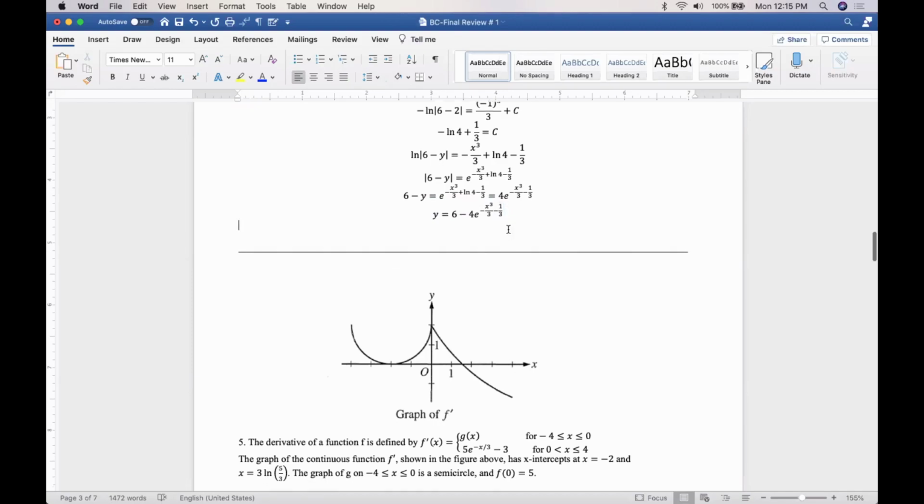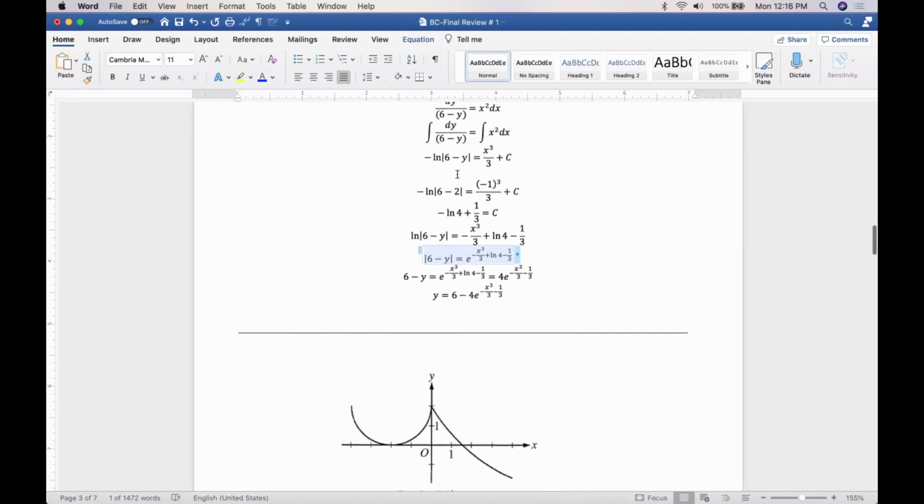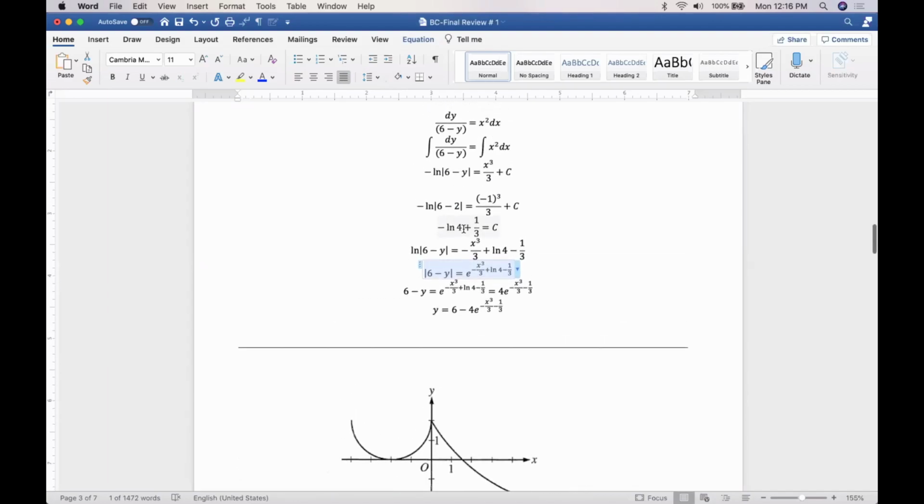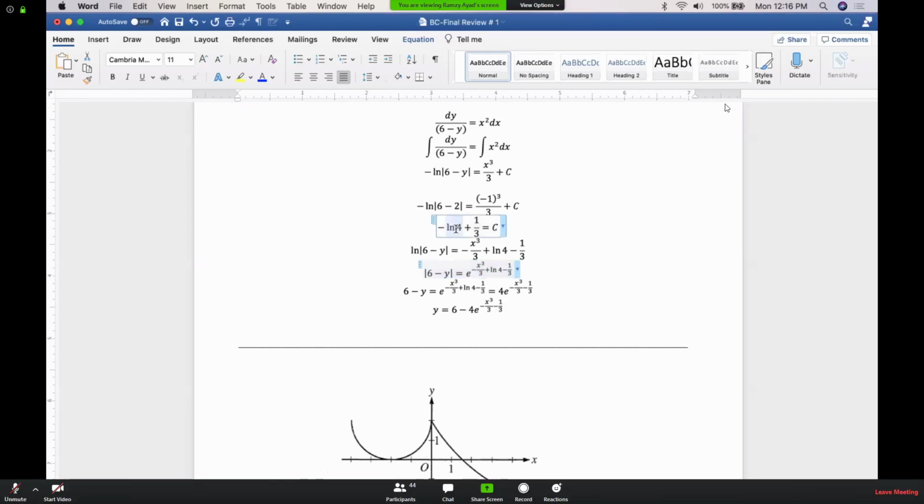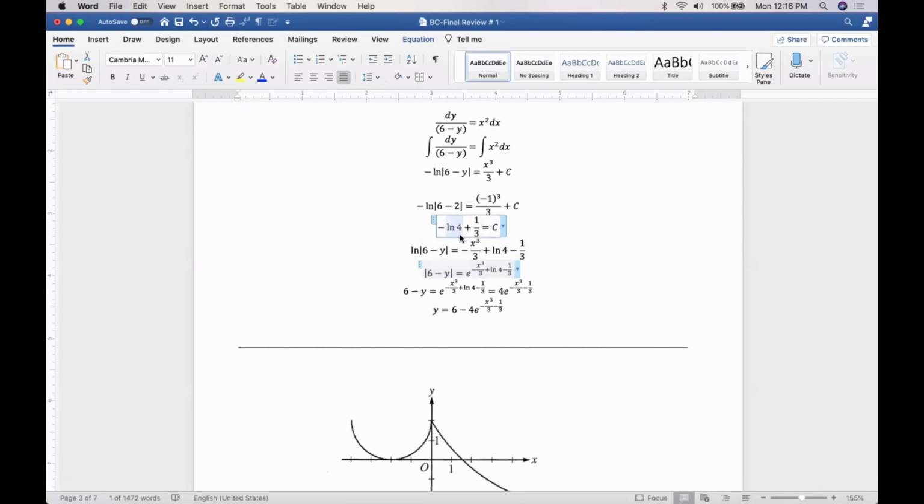If you don't simplify the absolute value inside, like for the x, would you lose points? Actually, no. If you just keep it like that, when you took out e to the ln of 4 out of the exponent, what if you don't do that?